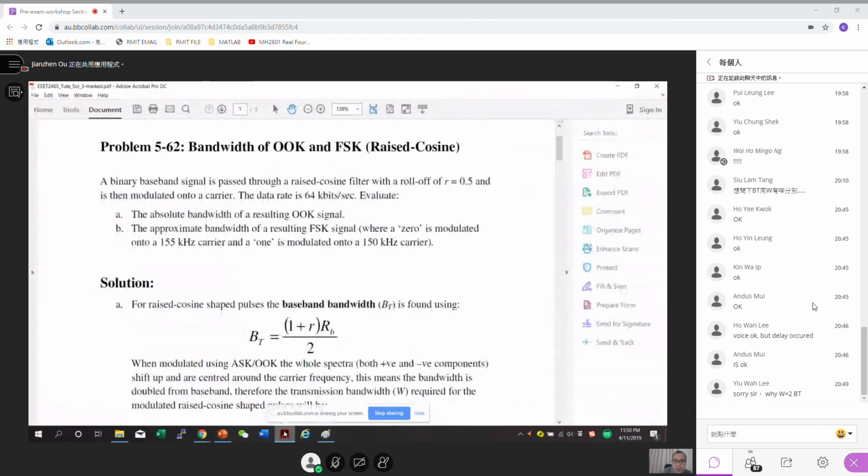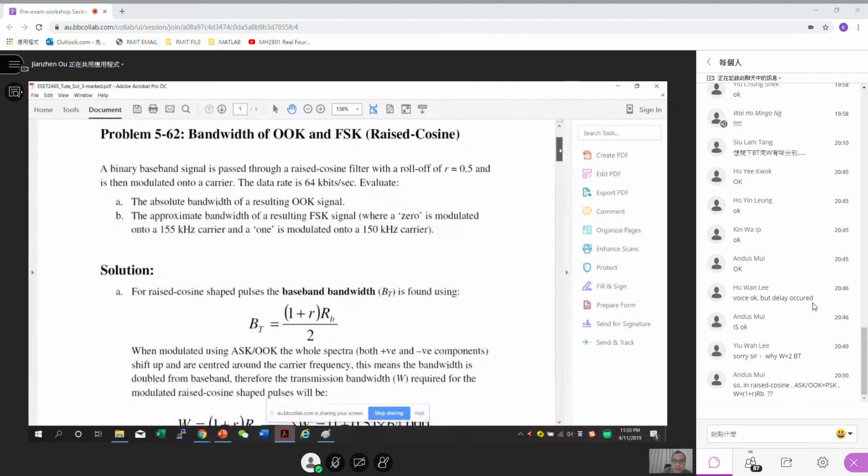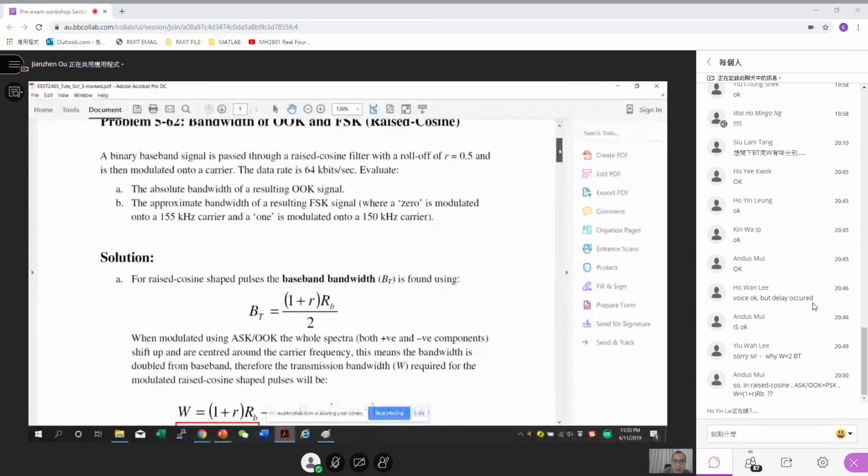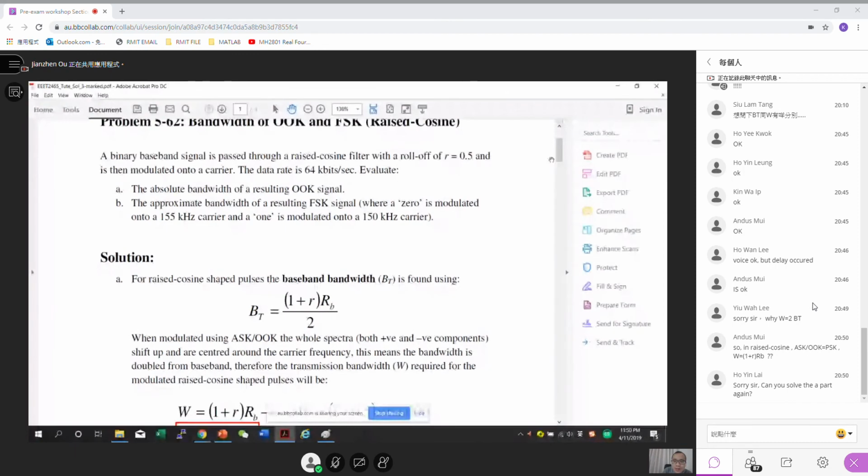So what information do we need to calculate the frequency deviation? From the definition, it is the max difference between the carrier frequencies for the zero modulation and the one modulation. For the zero modulated frequency, it's 155 kilohertz.